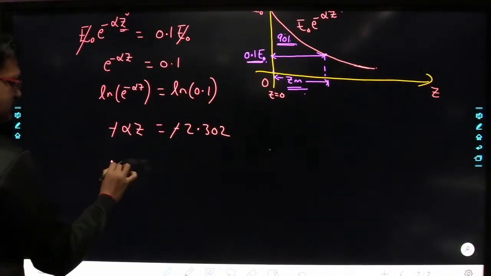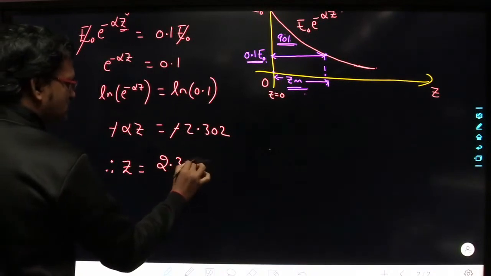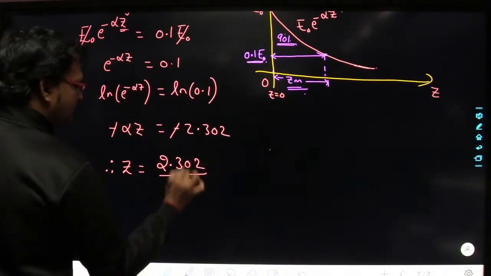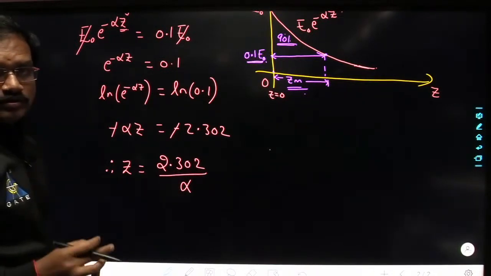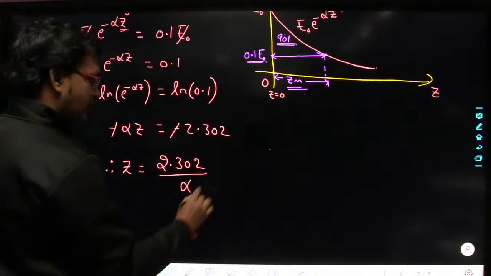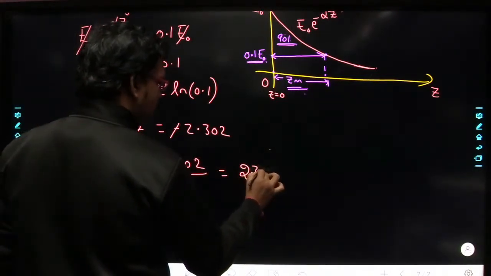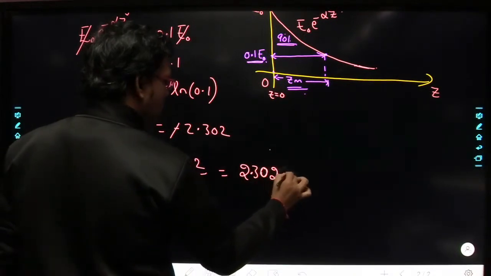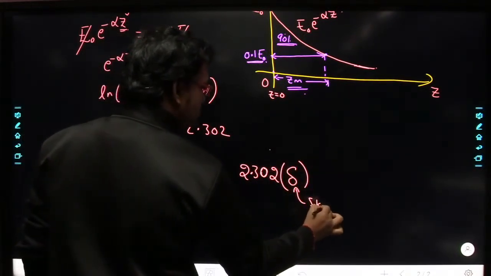Therefore z is equal to 2.302 divided by alpha. Now 1 by alpha is nothing but the skin depth. So I can write the same thing as 2.302 into delta, where delta is nothing but the skin depth.